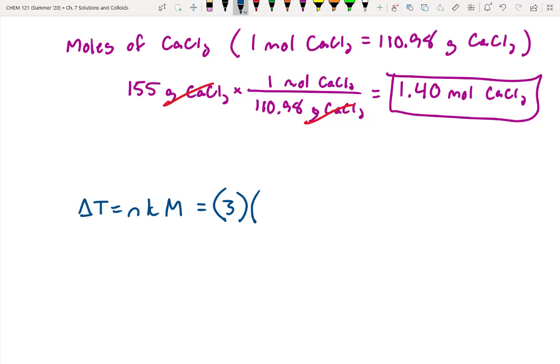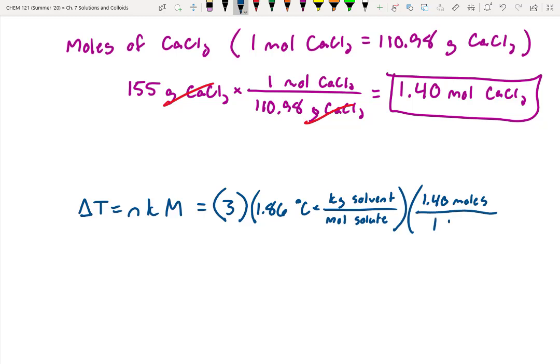K, if we looked it up, was going to be 1.86 degrees Celsius times kilograms of solvent over moles of solute. And then we said that molality is going to be our moles of solute, which is 1.40 moles over our 1 kilogram of solvent.